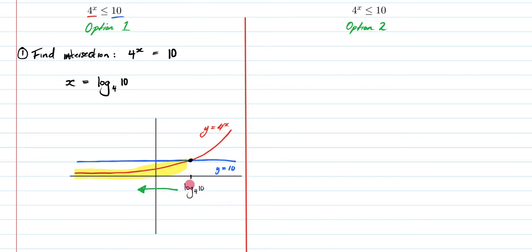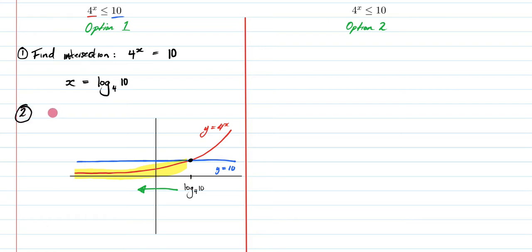So now what I'm going to say is everywhere less than that x value, everywhere to the left of it, is going to make this statement true. Where it's going to be greater, all the x values greater than this, obviously my red line is going to be above it. So step 2 is simply writing out my answer.